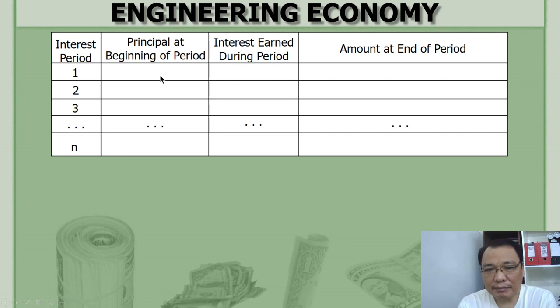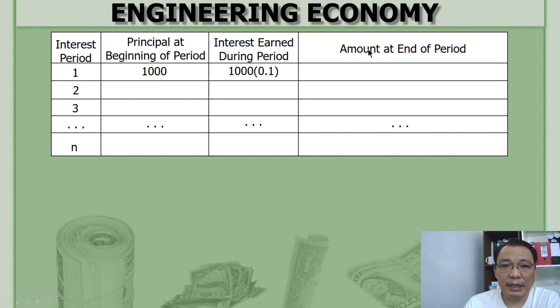First, mag-assign ta og specific value, and then from that, ilisan nato dayon og parameters or symbols. Suppose na kay 1,000. Okay. Mag-borrow ka og 1,000. So, 1,000 ang principal at the beginning sa period. And then, let's assume na 10%. 10% ang interest.